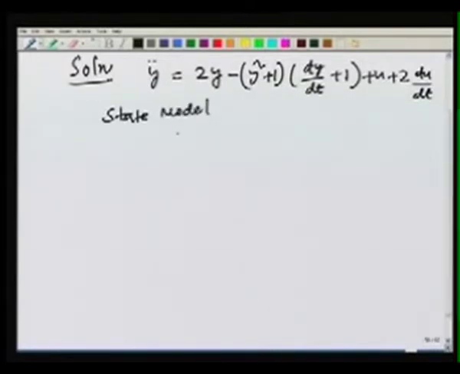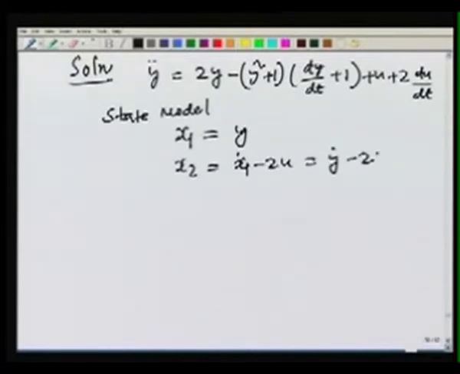First we define the states. Let us take x 1 equal to y, just from our experience looking at the structure of this equation, and we define x 2 as x 1 dot minus 2 u, which is y dot minus 2 u.